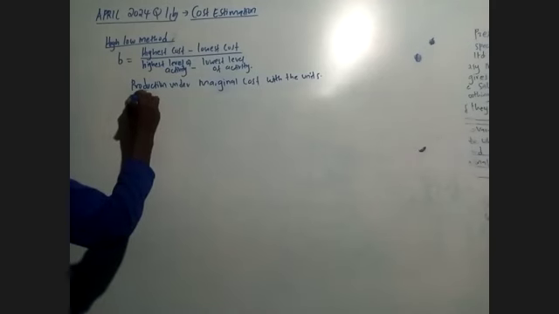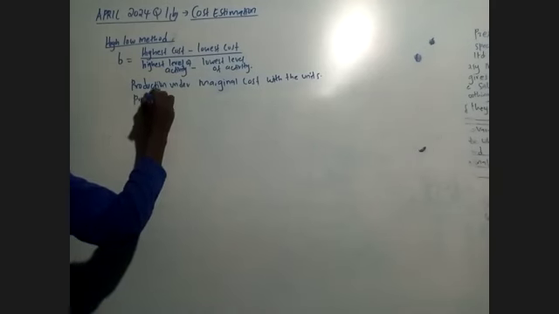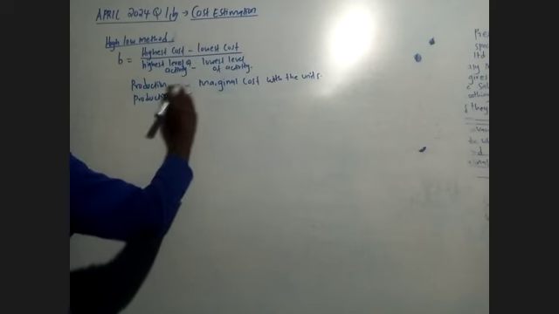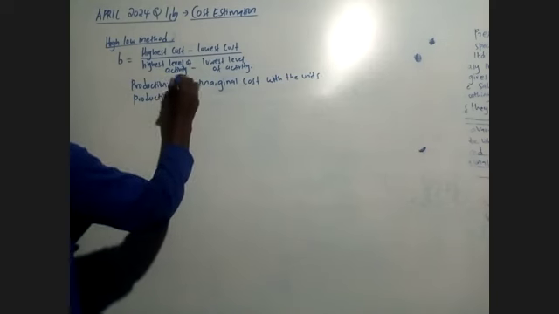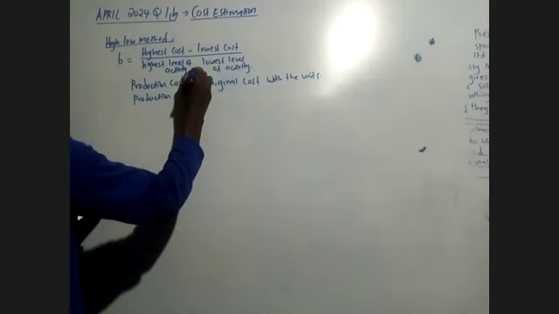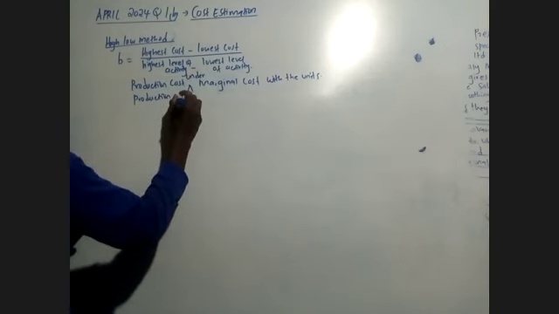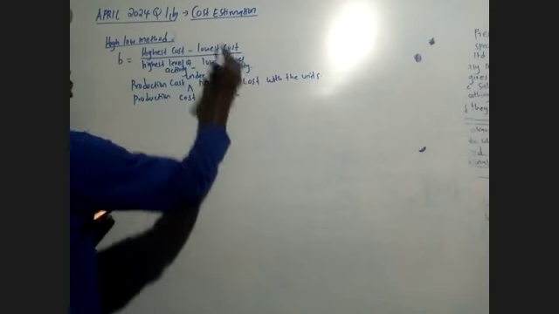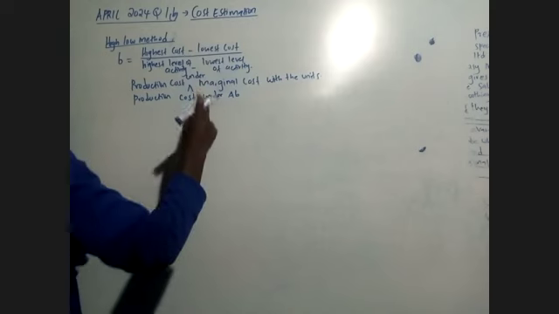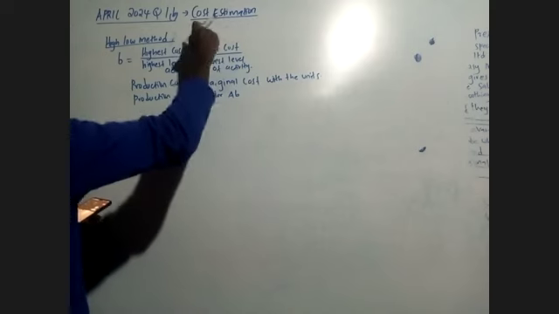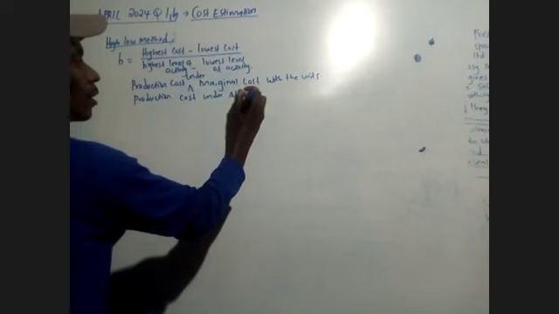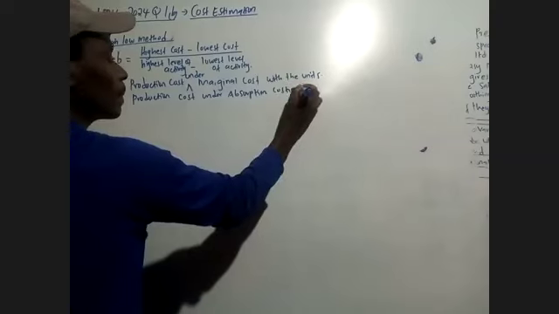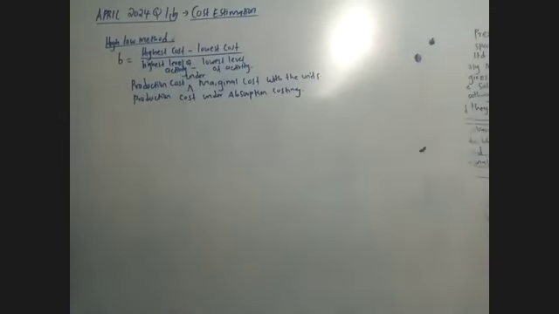Now here we have production cost under marginal costing, and then we have production cost under absorption. So this question involves 2 topics, marginal and absorption costing, with cost estimation. Now let us go to the question.